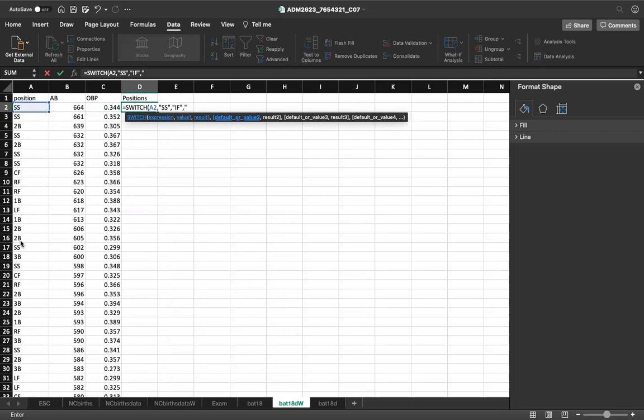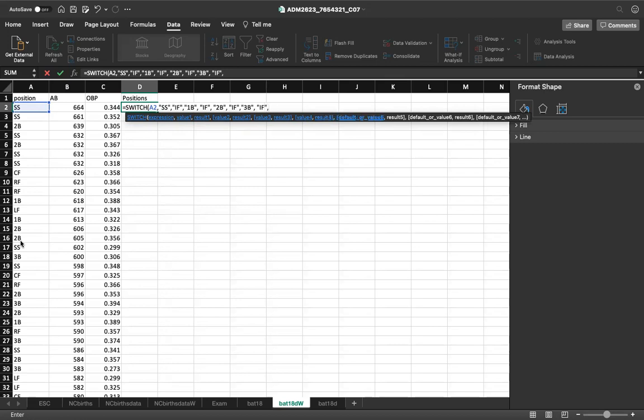So 1B will be referred to as infielder. 2B will be referred to as infielder. 3B will be referred to as infielder.